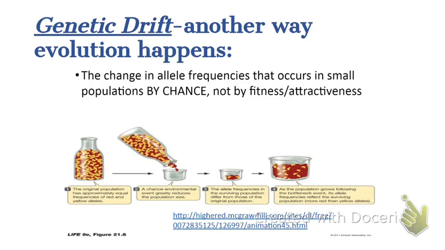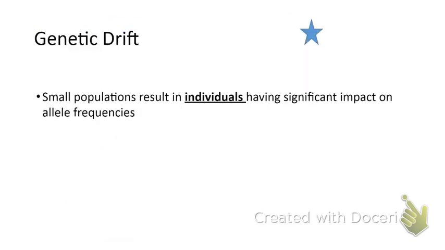And then the last one is genetic drift. Genetic drift occurs when small populations result in individuals having a significant impact on allele frequencies. There are two ways genetic drift can occur, but what I want to focus on here is that genetic drift only occurs when small populations arise.